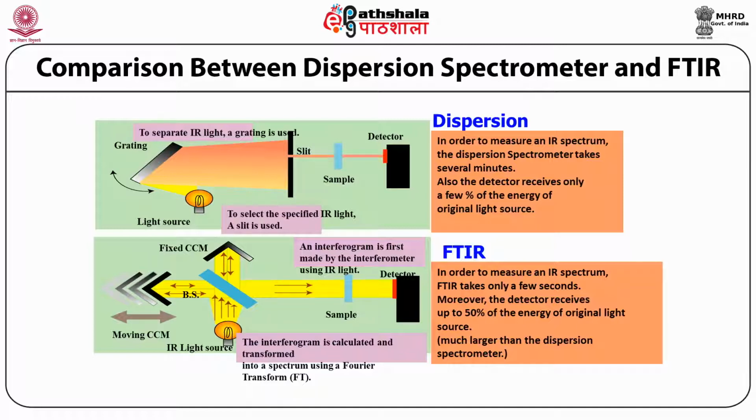However, in the case of FTIR, measuring the IR spectrum takes only a few seconds. Moreover, the detector receives up to 50% of the energy of the original light source, much larger than the dispersive spectrometer. The interferogram is calculated and transformed into a spectrum using the Fourier transform, and the interferogram is first made by the interferometer.